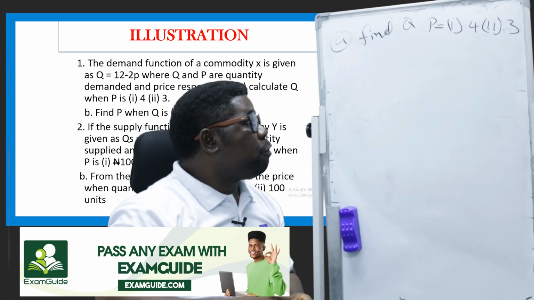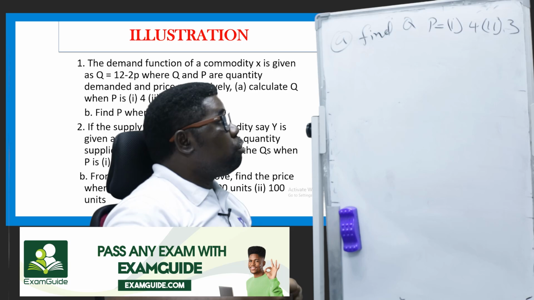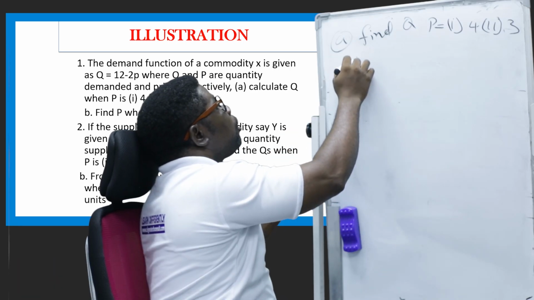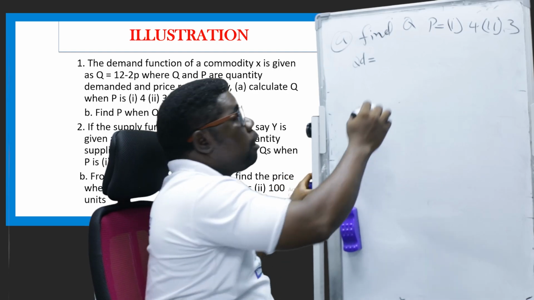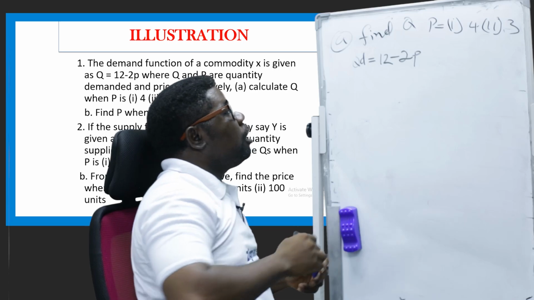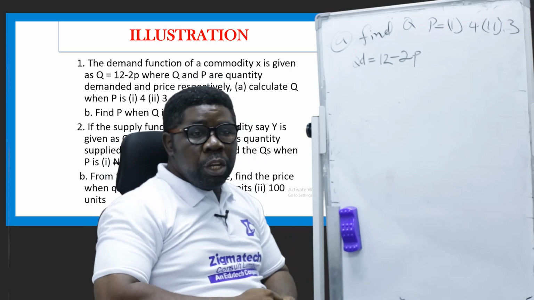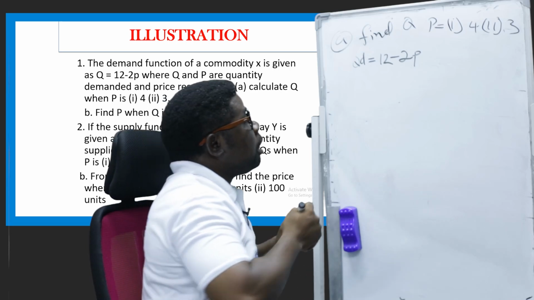So when P is 4 and 3, what is Q? That's what they're asking you to do. The equation says QD is equal to 12 minus 2P. It's as simple as that. Just substitute your P in the function and you're done. So let's do that.